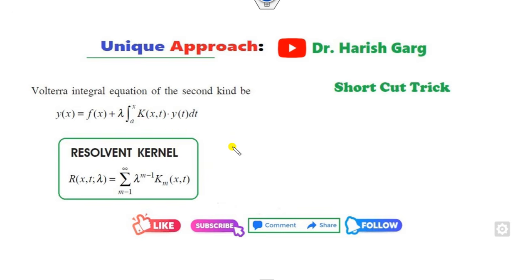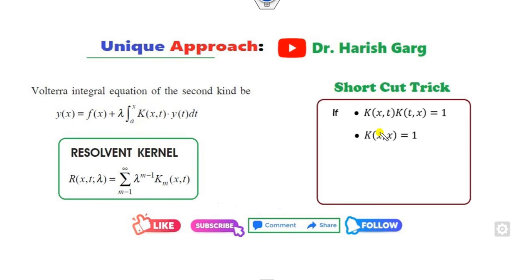Then what is my shortcut trick for you? Remember that it is not available in any YouTube video, but I will explain my simplest approach. Firstly, look at this k. K is called the kernel. If you prove that it satisfies these two properties, that is k of x comma x is 1, and k of x comma t times k of t comma x is 1, then there is no need to write the resolvent kernel in such a lengthy manner.